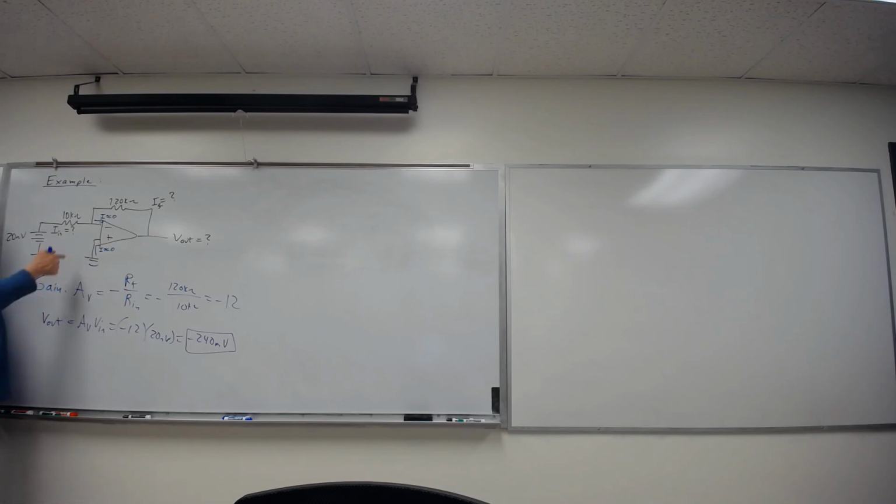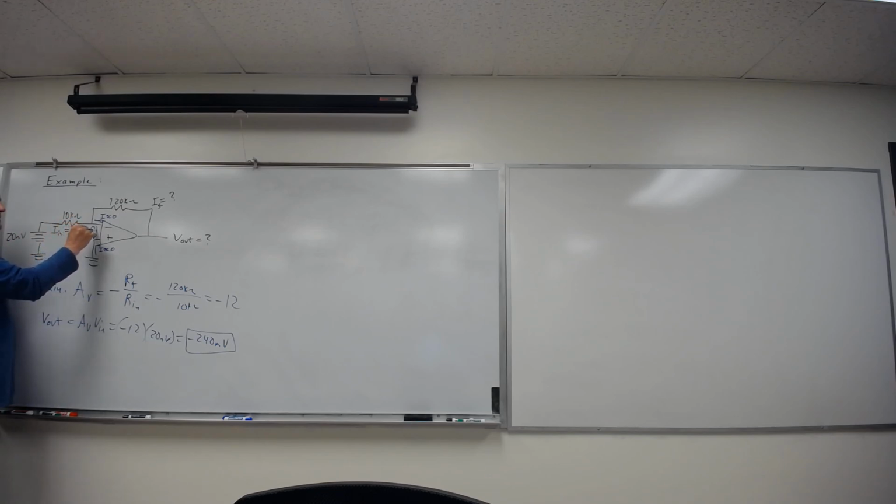Okay, what are the voltages? Well, the inverting voltage ought to be pretty easy. What's the voltage of ground by definition? 0. That's a 0 point. And we said our 2 inputs have the same voltage.